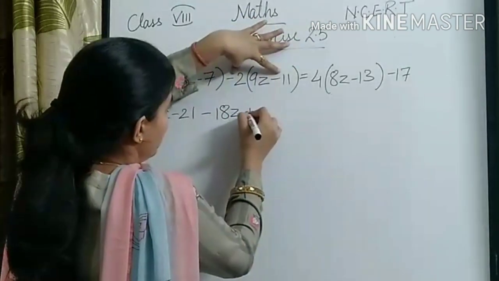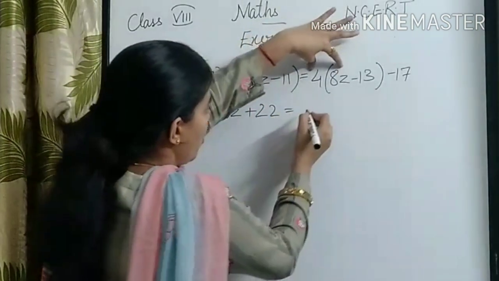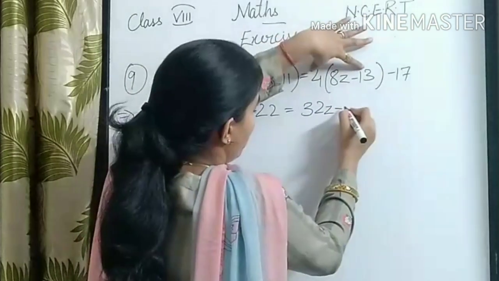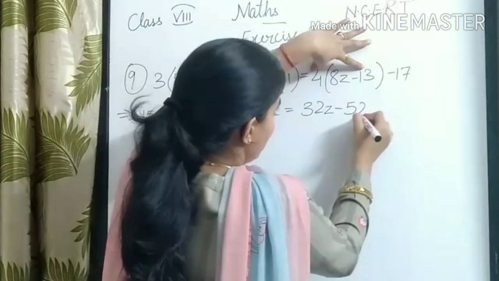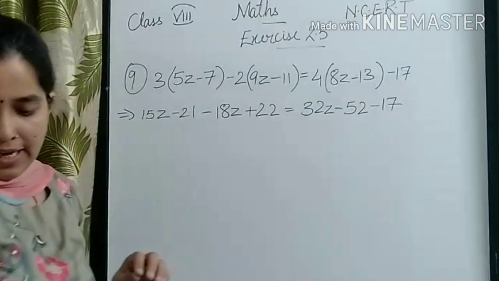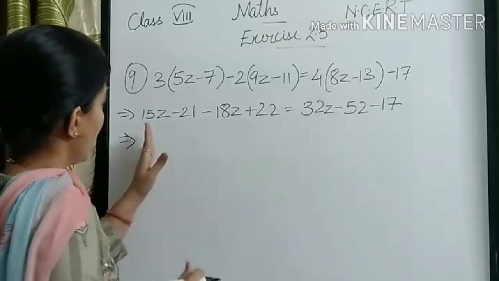Minus 2 and this plus 11 2s are 22 is equal to 4 8s are 32z minus 13 4s are 52 minus 17. Now take all the like terms on one side. So here it is.